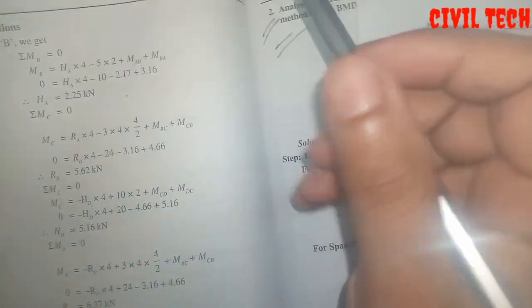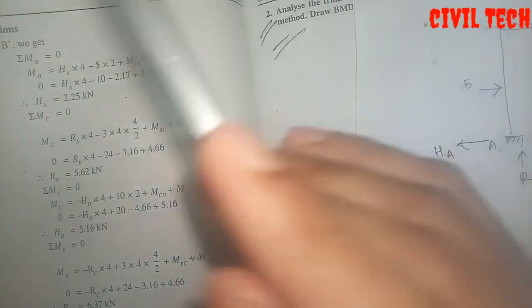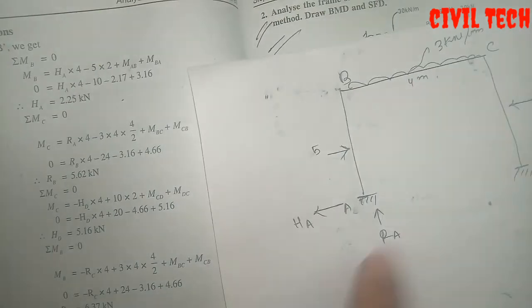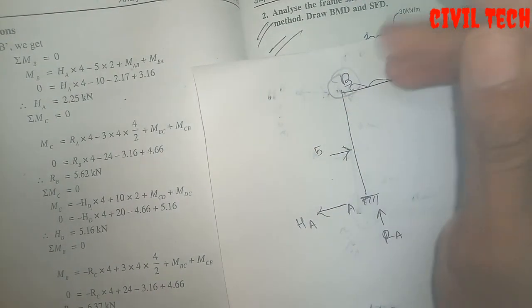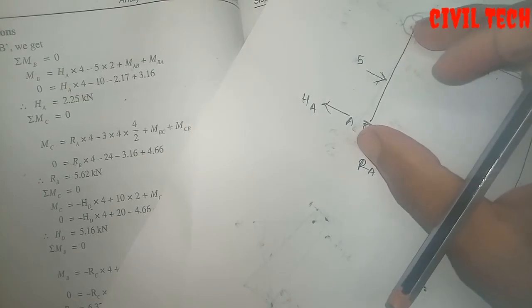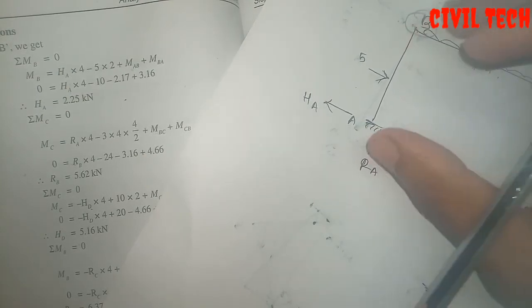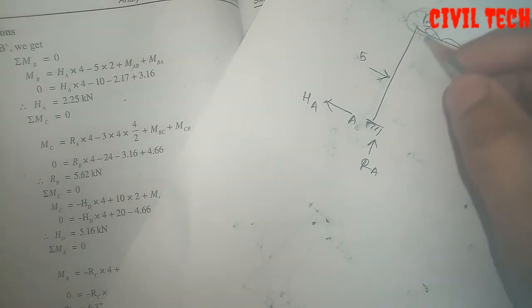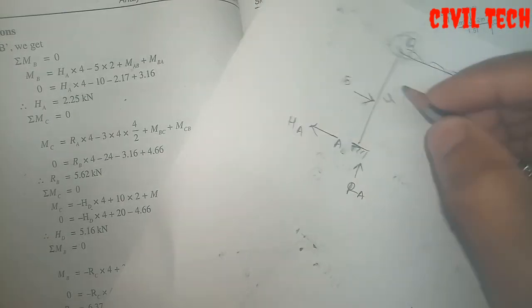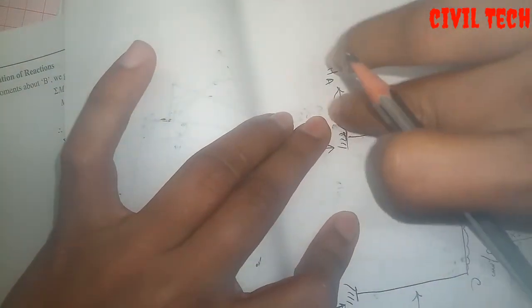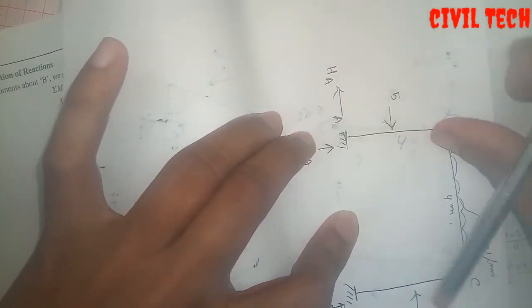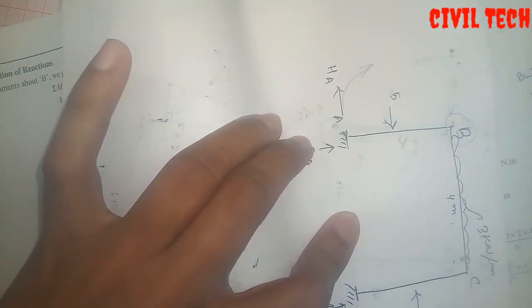First point B, considering here the reaction, taking moment at point B, considering that portion only, this side. Okay, if we consider moment with respect to B, so this 4 meter distance now. This rotating, see here, it will rotate in the clockwise direction. It will rotate that way.